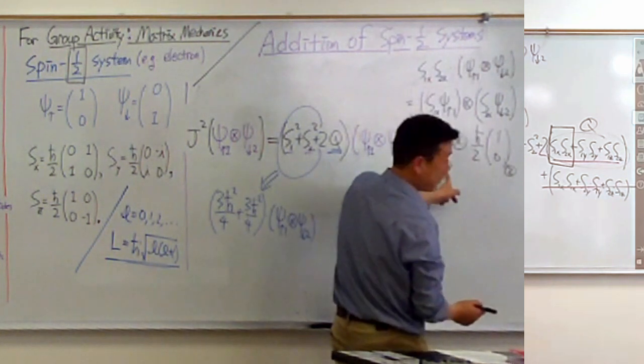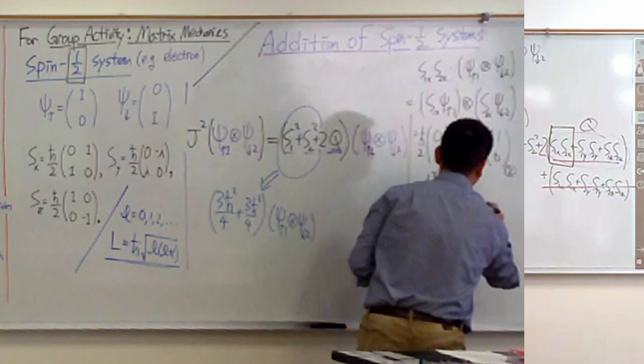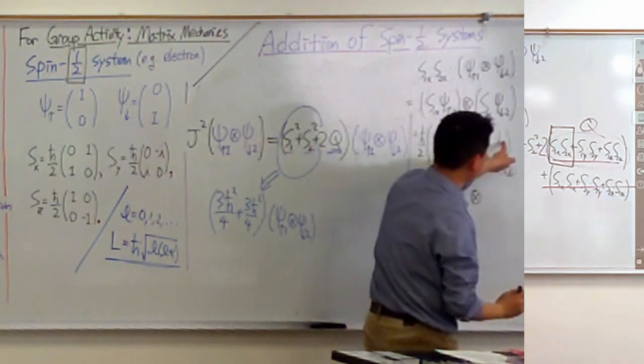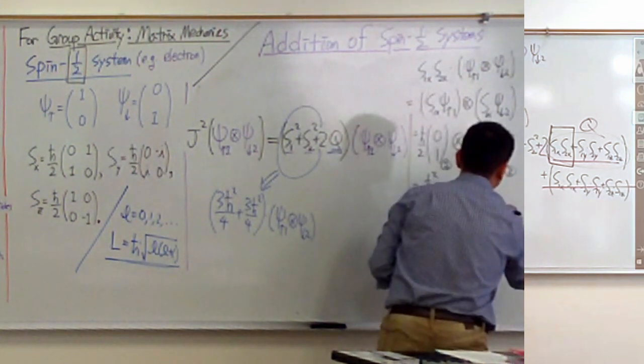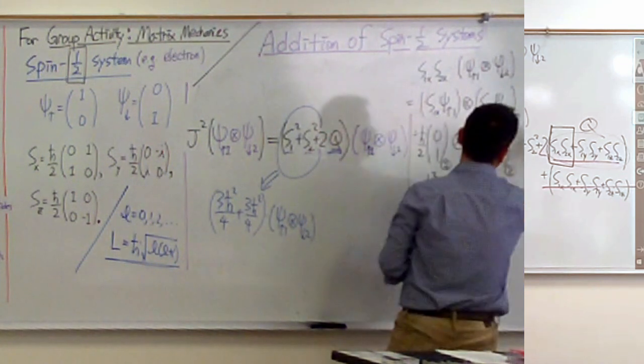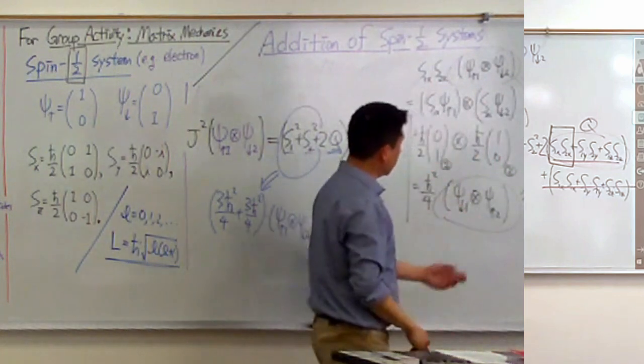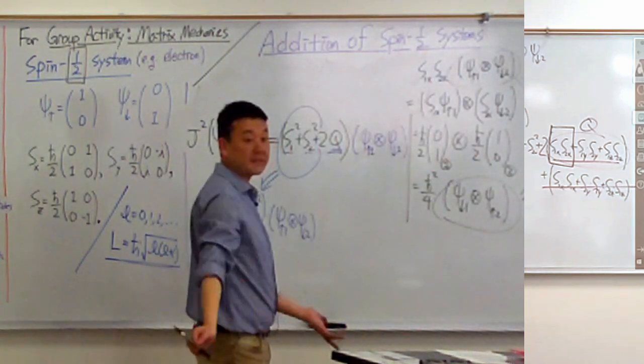Spin down 1, and spin up 2. And this state is not the same state as this, which means it's not an eigenstate.